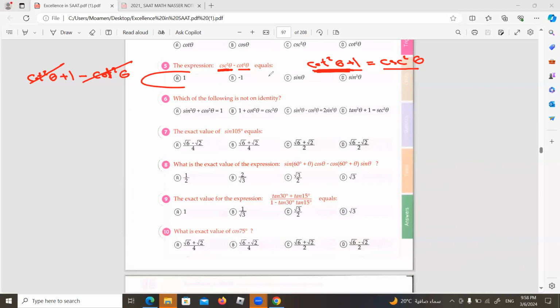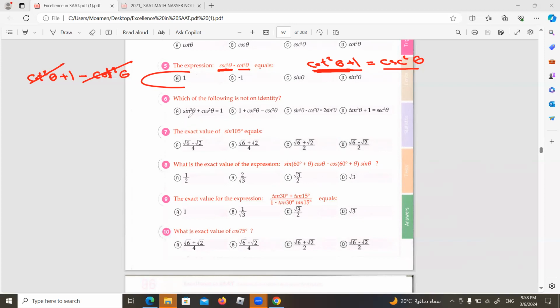So the result will be letter A. Again, I said cosec squared equals cotan squared plus 1. But what about sec squared? Sec squared equals tan squared plus 1. I replace cosec squared by its value, cancel the negative with the positive, and the result will be 1.